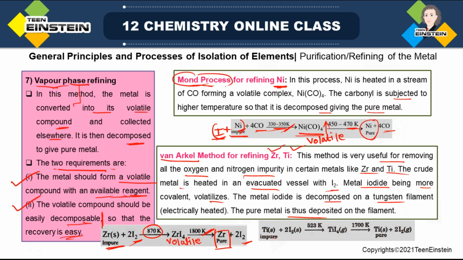And for titanium also, at 523 Kelvin, first we get TiI4, just like ZrI4, and in the second step the temperature is increased and it is decomposed to pure titanium; iodine is regenerated. So the Van Arkel method is for Zr and Ti. In vapor phase refining, basically we purify nickel, zirconium and titanium.